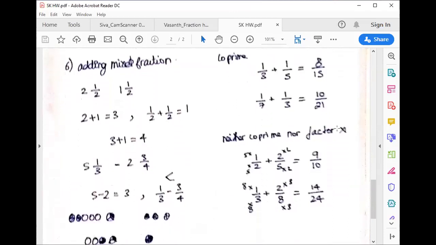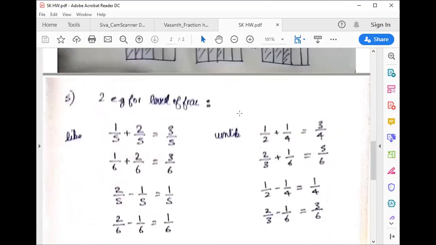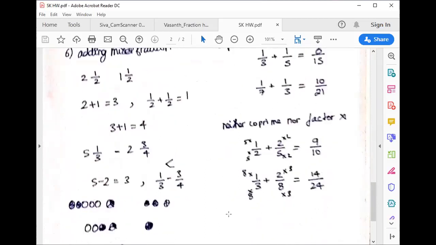So here again, now this part is fine. Co-prime is fine. These things are all fine. But when you are looking at neither co-prime nor factor multiple, I believe this is a half and 2/5. So 2 and 5. What is the common factor between 2 and 5?